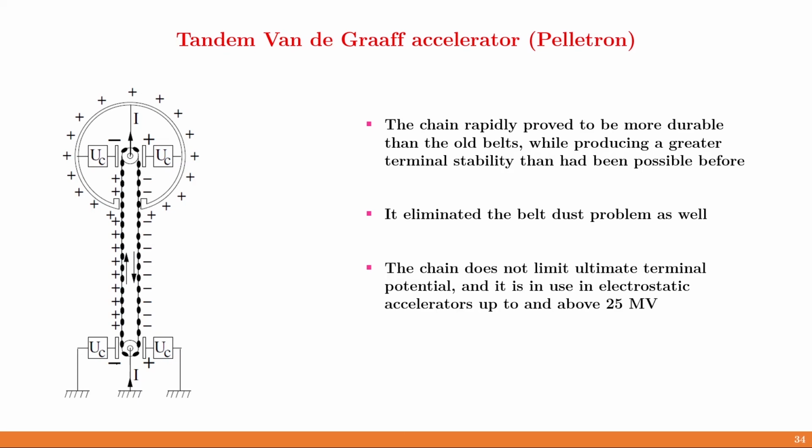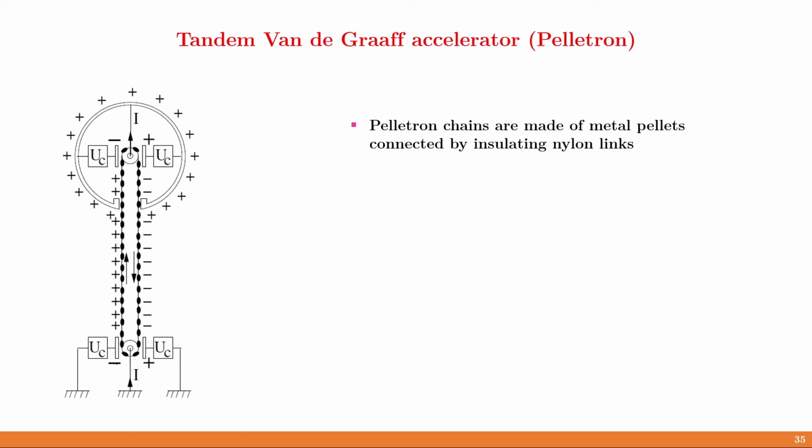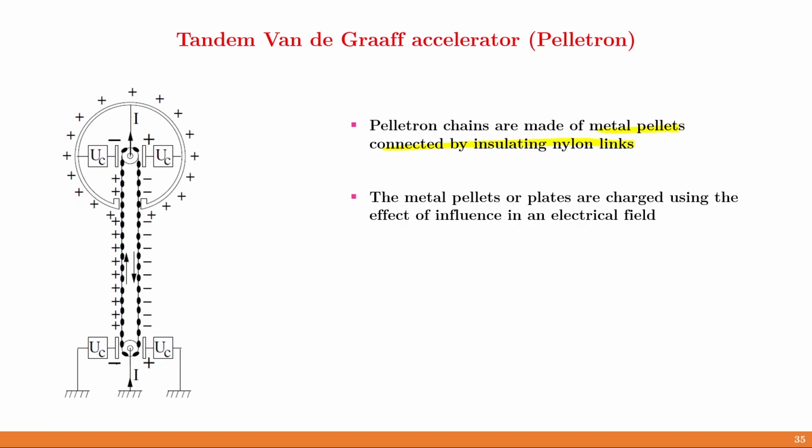The chain does not limit ultimate terminal potential, and it is in use in electrostatic accelerators up to and above 25 MV. Pelletron chains are made up of metal pellets connected by insulating nylon links. The metal pellets or plates are charged using the effect of influence in an electric field.